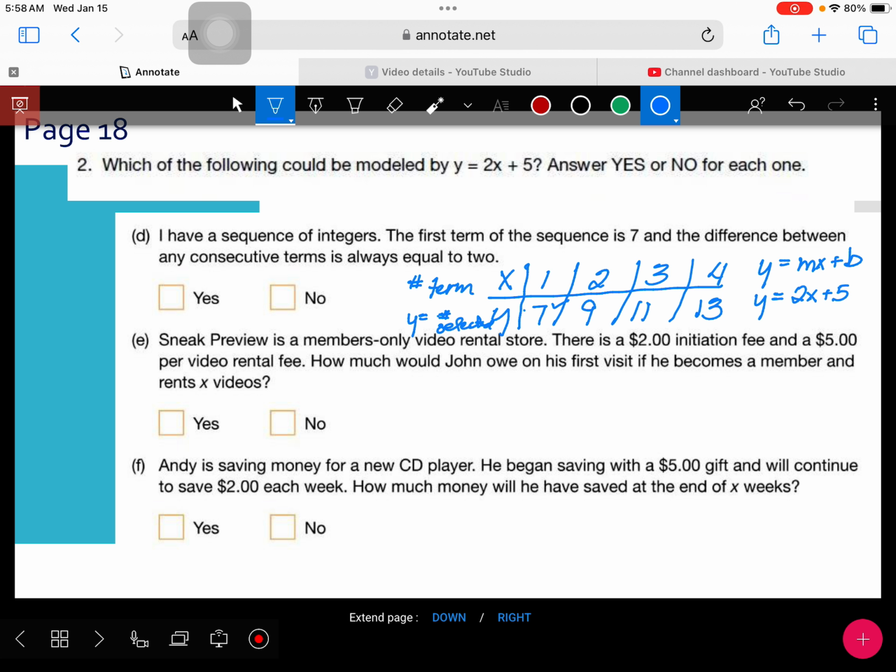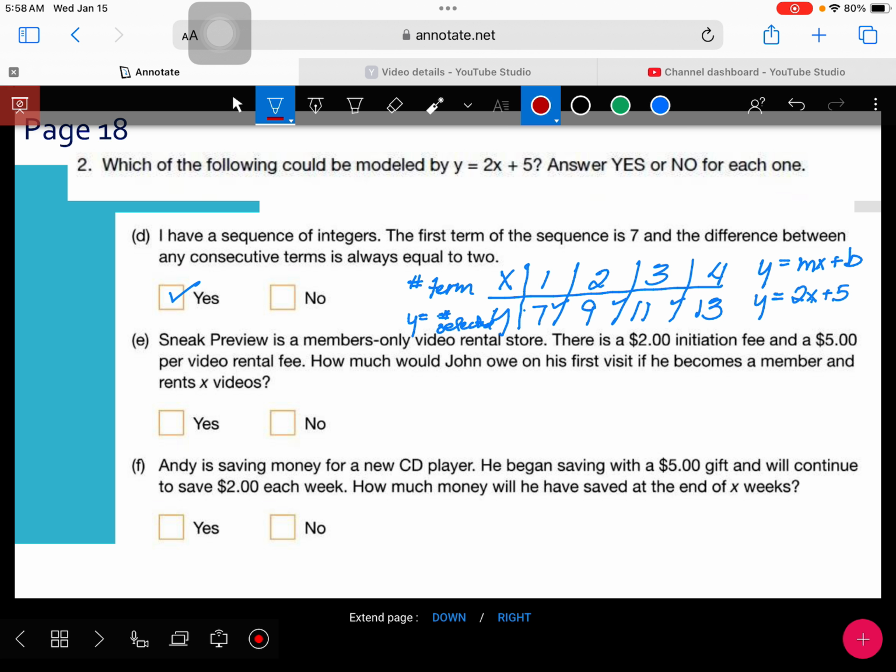That seems to work out. If I select the second term, 2 times the second term is 4 plus 5 is 9. 2 times the third term is 6 plus 5 is 11. 2 times the fourth term, and that looks like it's going to go all the way through. That one was a lot more tricky. If you got that one, I'm impressed.